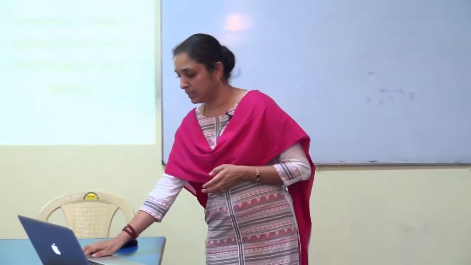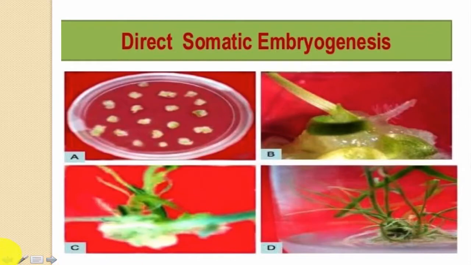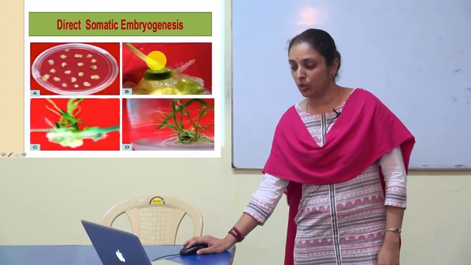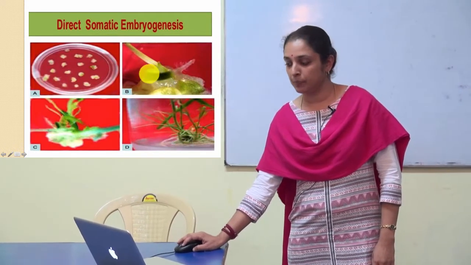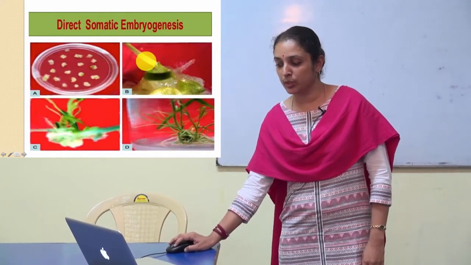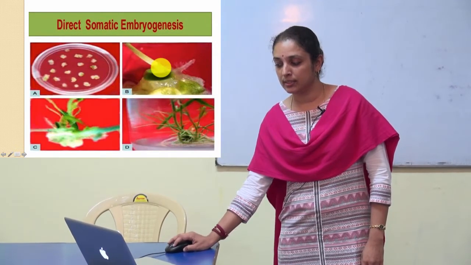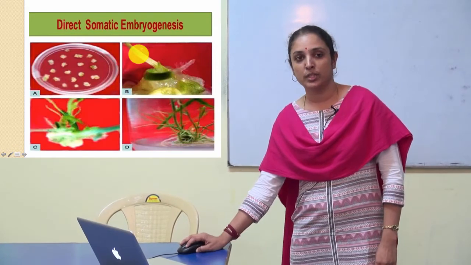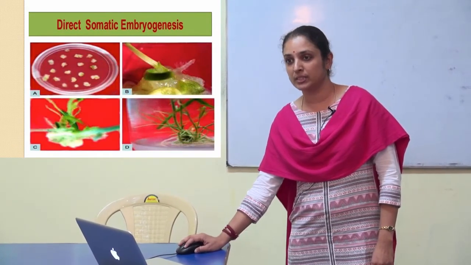We can see in pictures, you see here, there is explant in this Petri plate. It has been inoculated in the nutrient media, and that is showing into a plantlet here, like germination in case of seeds if you sow, and it shows germination, that is the beginning.